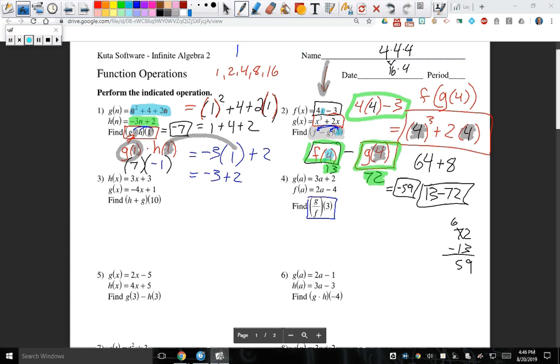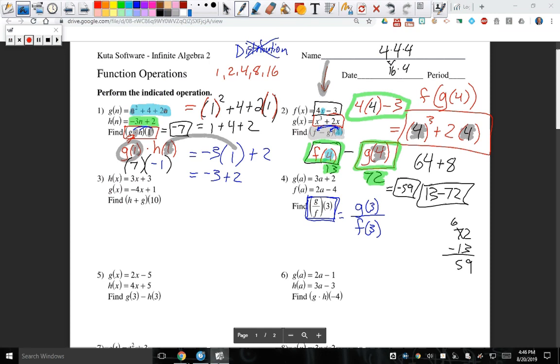Please understand that we are not distributing. It's not distribution, okay? You're applying that input into both pieces. There's no multiplication whatsoever. Conceptually, we need to understand that. So here, we're going to apply the 3 to the numerator, and we're going to apply 3 to the denominator, so that this is really trying to find g of 3 divided by f of 3.